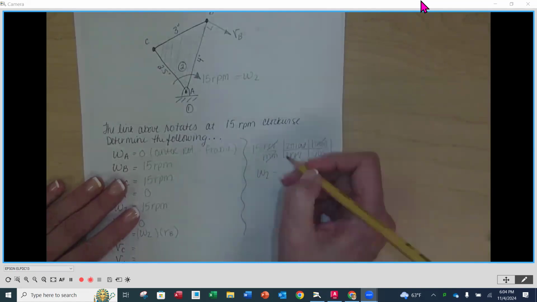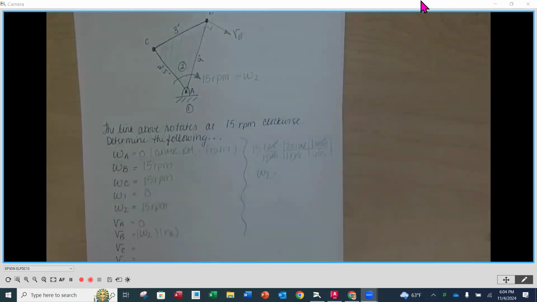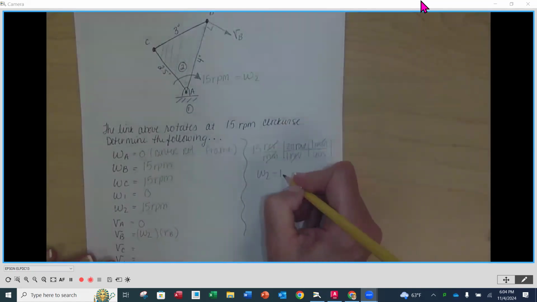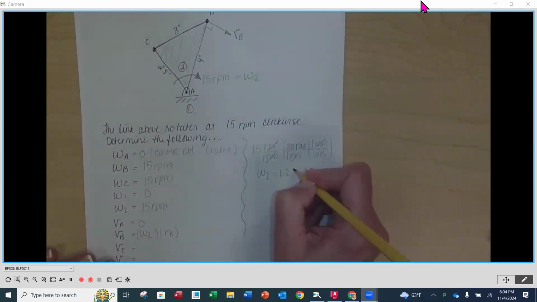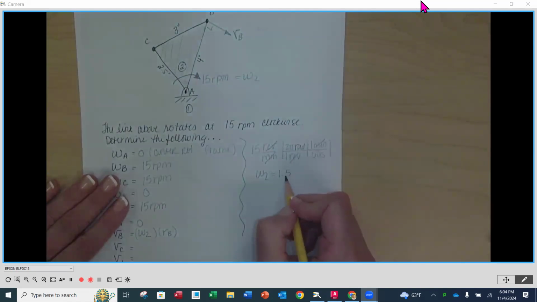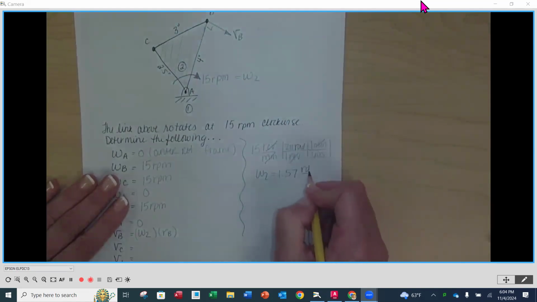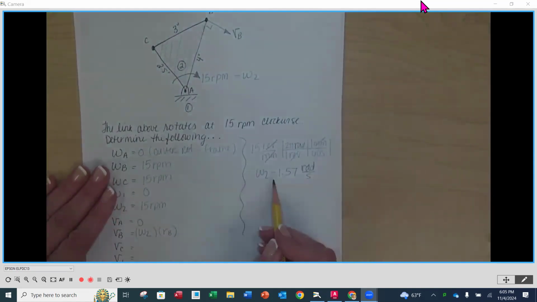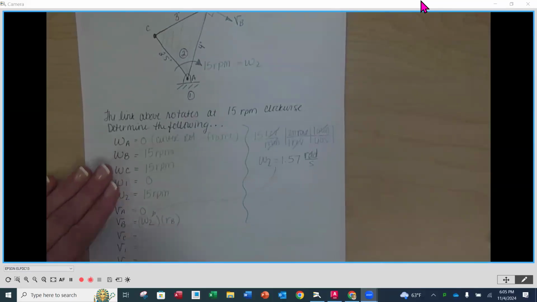So my W2, what do we get for that number? 15 times 2 times pi divided by 60, 1.57 radians per second. So that's what I'm going to use down here, right?